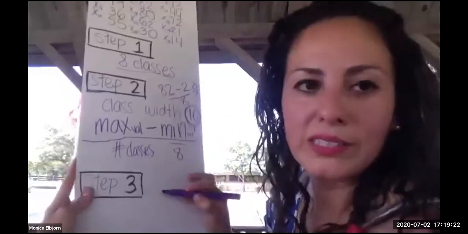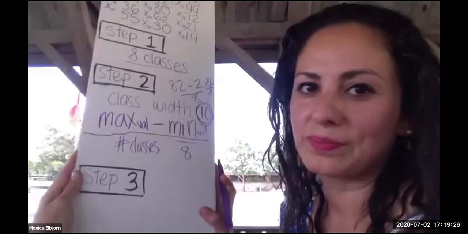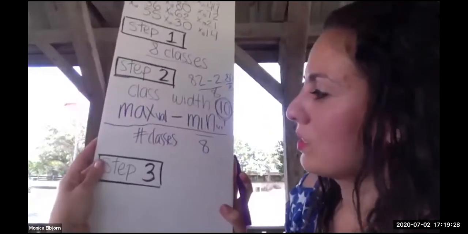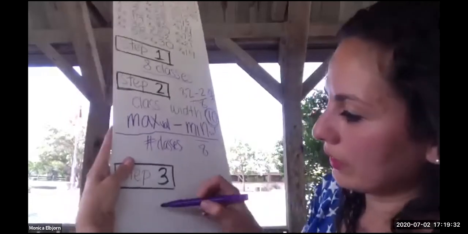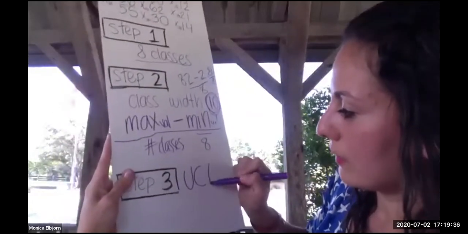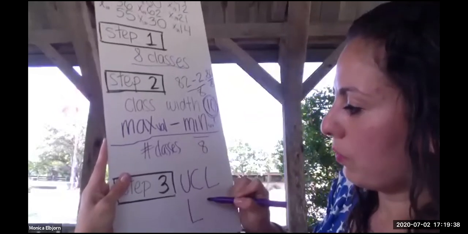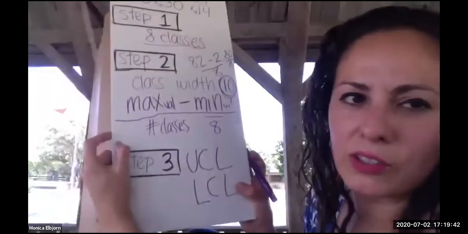So what will be our step 3? Step 3 will be, we'll initialize with our upper class limit and a lower class limit. Do you remember what I mean by lower class limit?